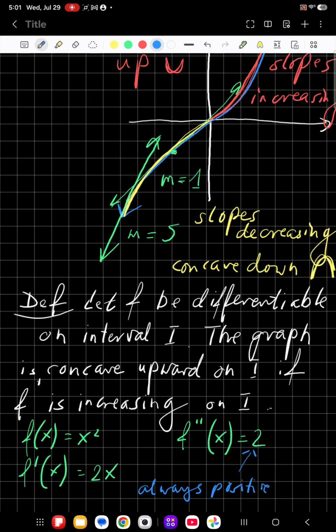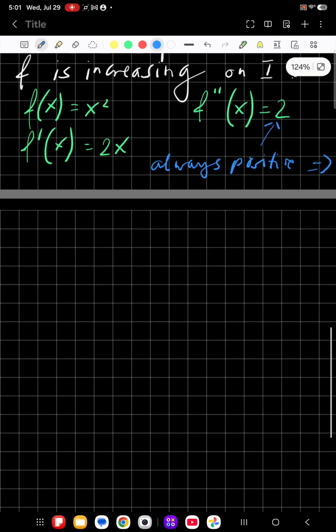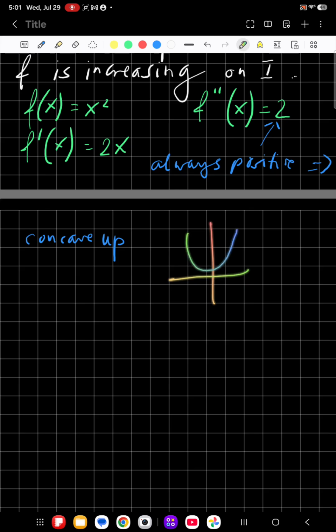So our conclusion will be concave up. Obviously this is a parabola, so it's always concave up. That's how it works: we take the second derivative and figure out when it's increasing or decreasing, or when it's positive and when it's negative.